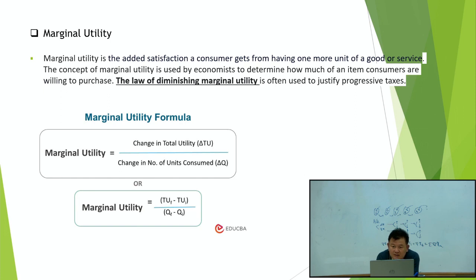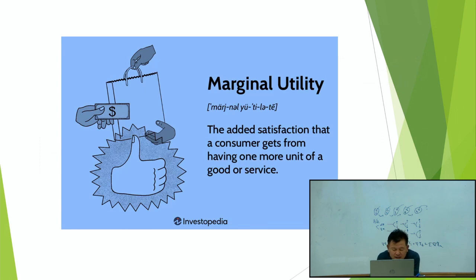This is the marginal utility concept. So it is the added satisfaction the consumer gets from having one more unit of goods and services. I added one more, and then I got it.